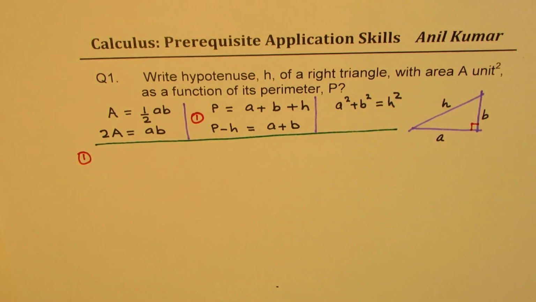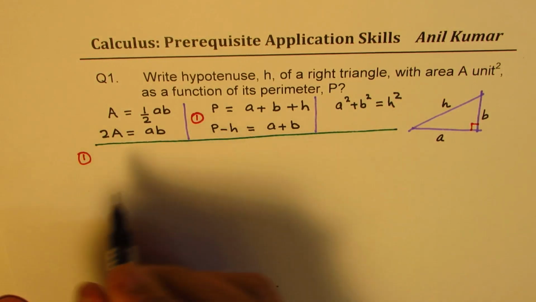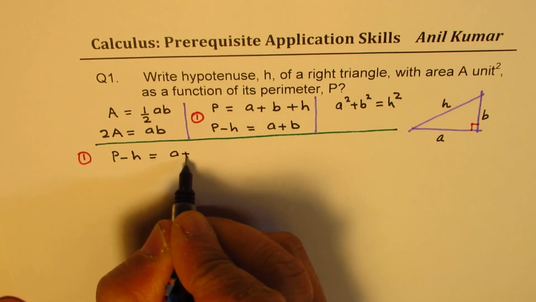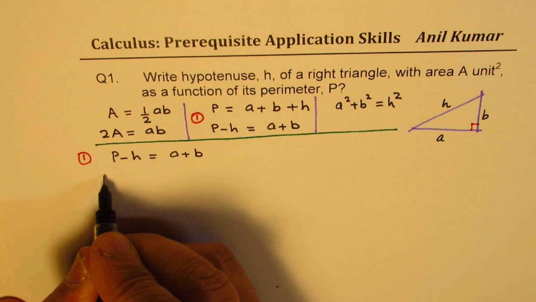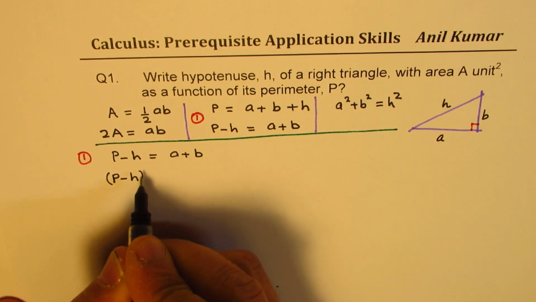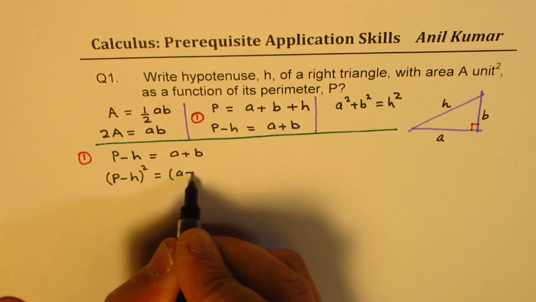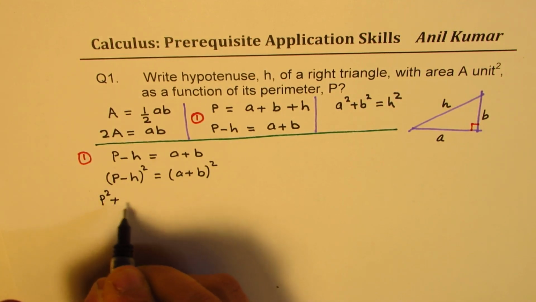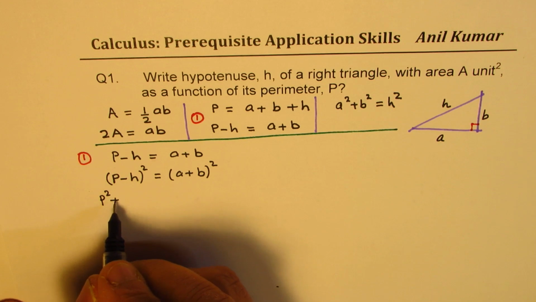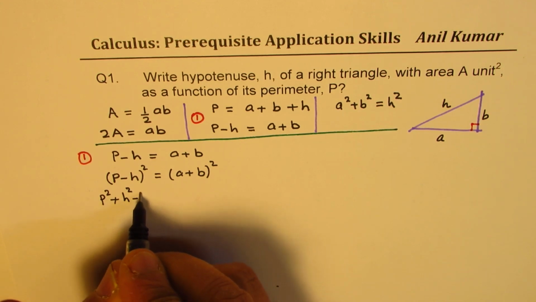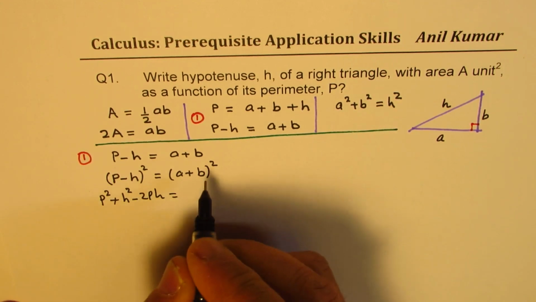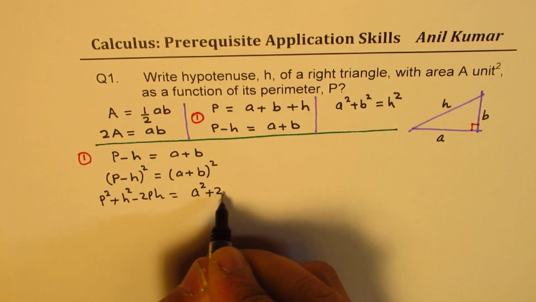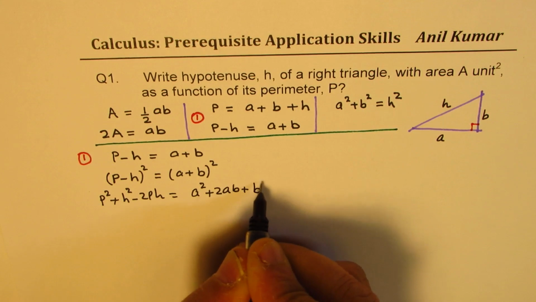So if I write P minus h equals a plus b, so perimeter minus h equals a plus b, right? If I square both sides, that is P minus h whole square will be equal to a plus b whole square. Expanding, I get P square plus h square minus 2Ph equals, expanding this, we get a square plus 2ab plus b square, correct?